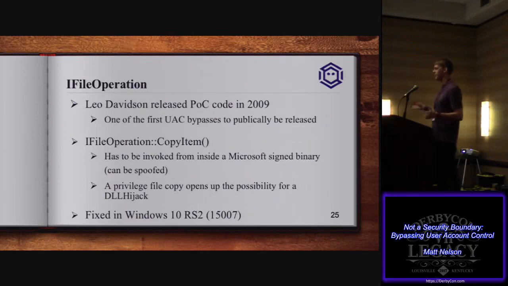A common one is explorer.exe. So the way that this attack works, and the way that he released it, is that it spawns a new process or injects into an existing one a DLL or reflective DLL that exposes this interface and this method.